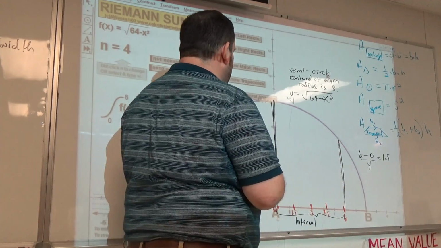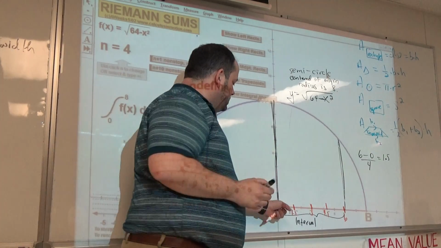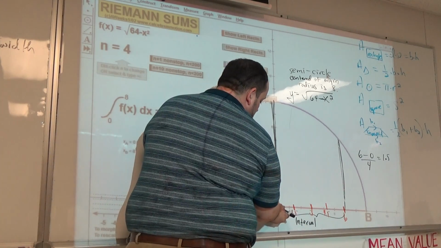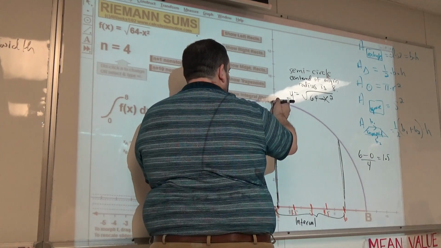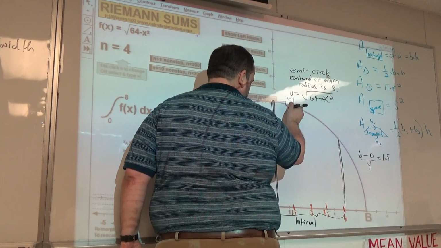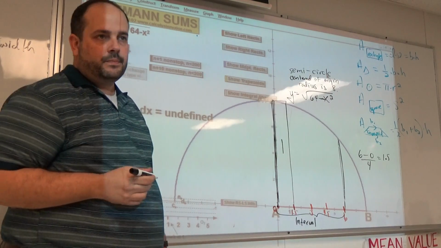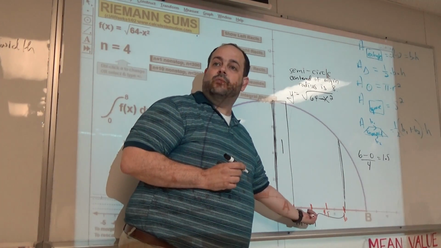The left endpoint method, as the name implies, I'm going to make a rectangle using the left endpoint. So start at 0 and go up to the curve, go all the way up, and then make a rectangle by going over and coming down. That's my first rectangle. Do it again for the second rectangle.